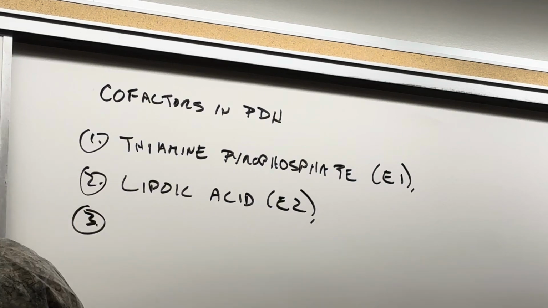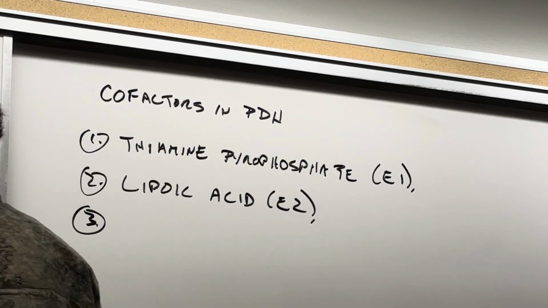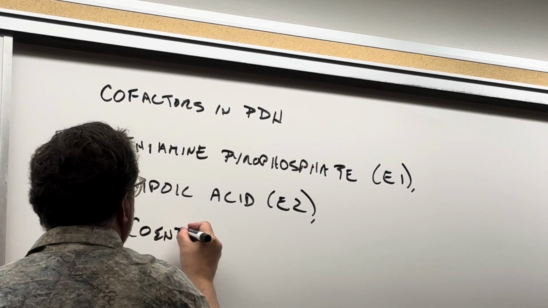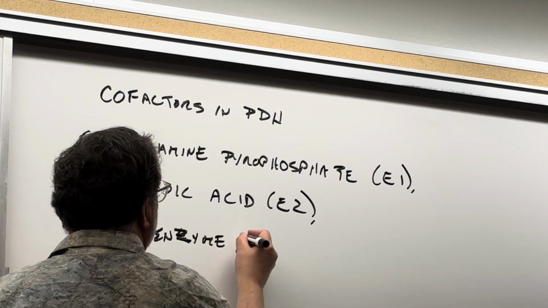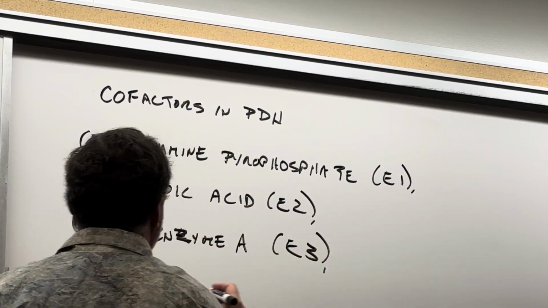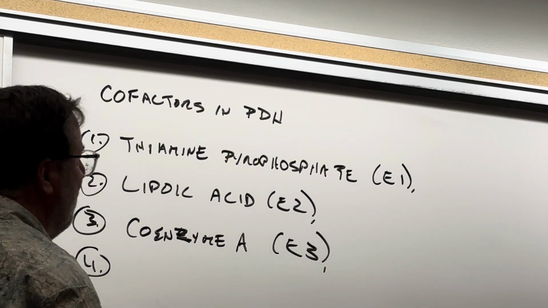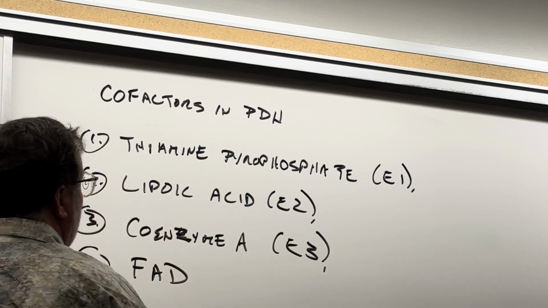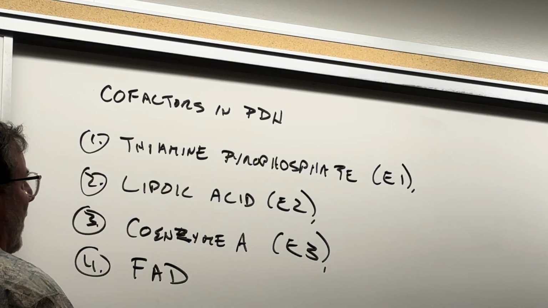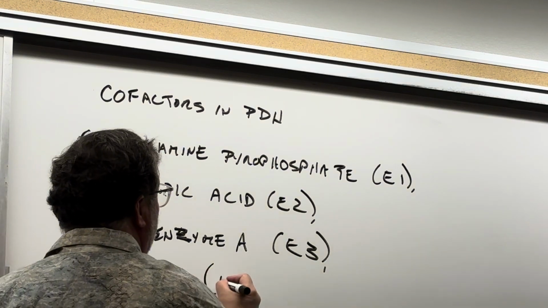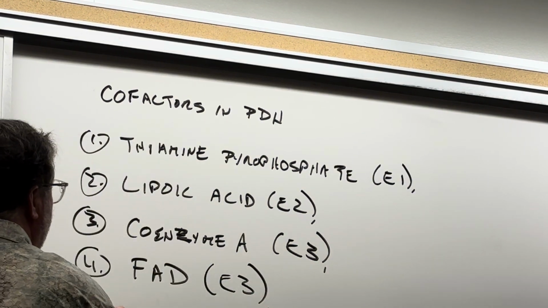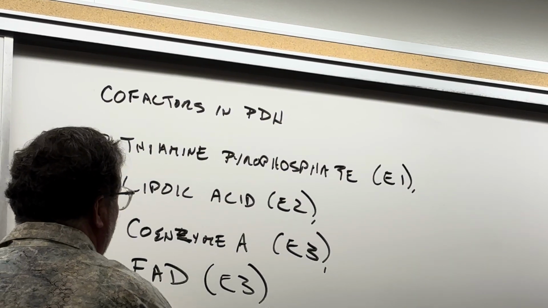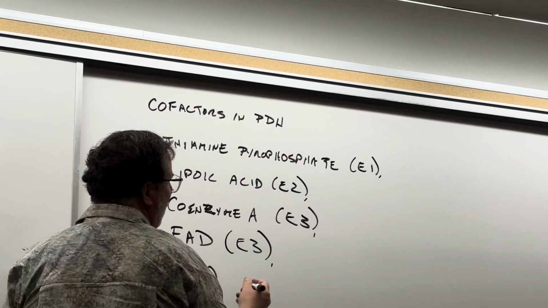We have the coenzyme A. Part of E3, we have the FAD, and I'm going to show you the structure of that in a little bit. FAD is also part of E3. Then we also had the NAD, which has the nicotinamide ring, which is a substrate for E3.